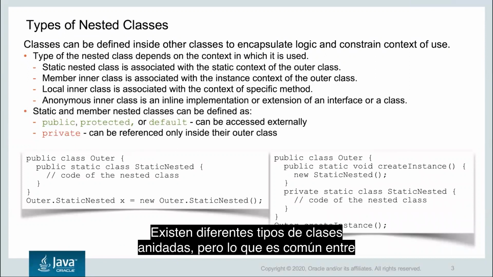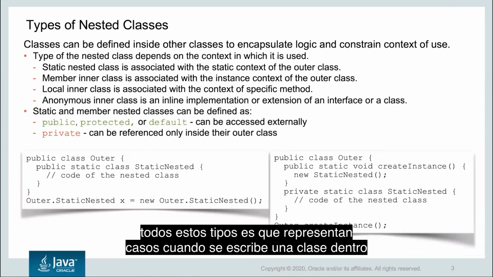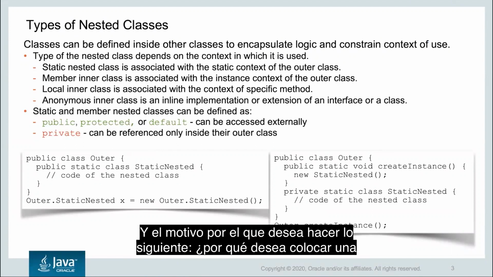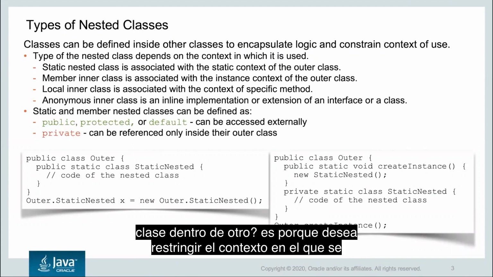There are different types of nested classes, but what's common between all of these types is that they represent cases when one class is written inside another. And why would you want to put one class inside another? Because you want to constrain the context in which it is used.